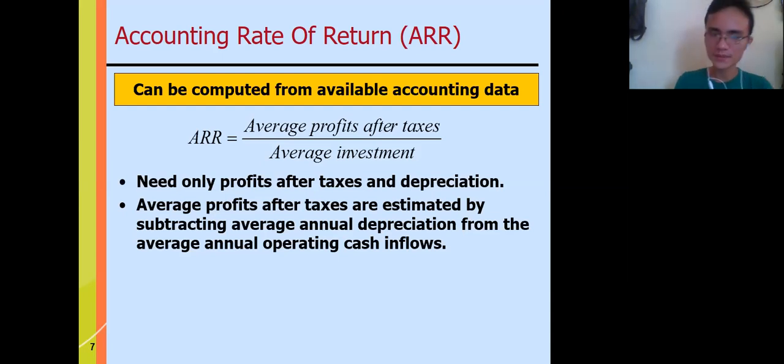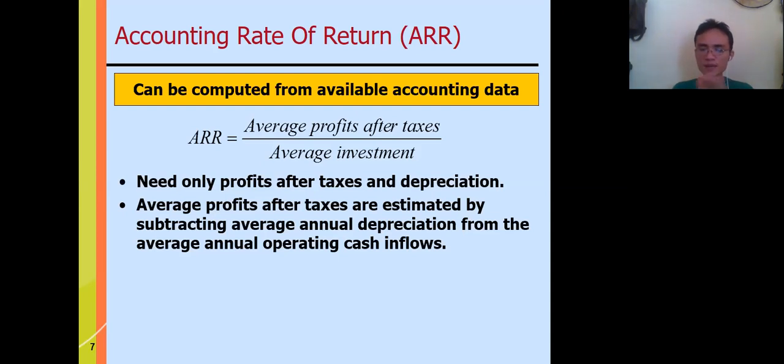Well, anyway, if for example we are using the given profit, remember we are going to add back the depreciation because it is a non-cash expense to get the average annual operating cash inflow. By that, we can manipulate the formula. Average profits plus depreciation equals the average annual cash inflows.